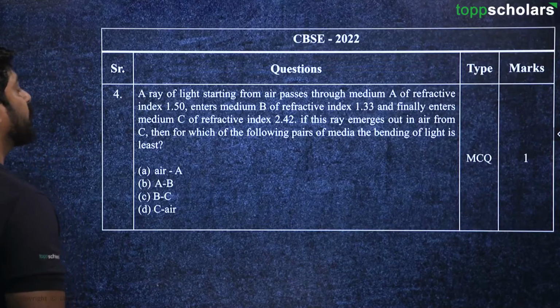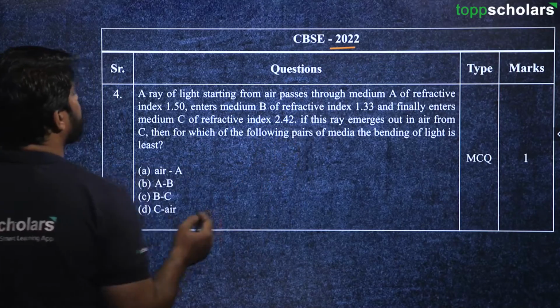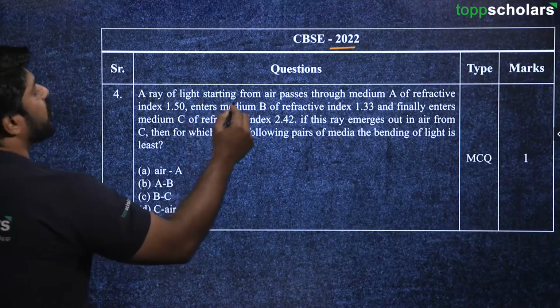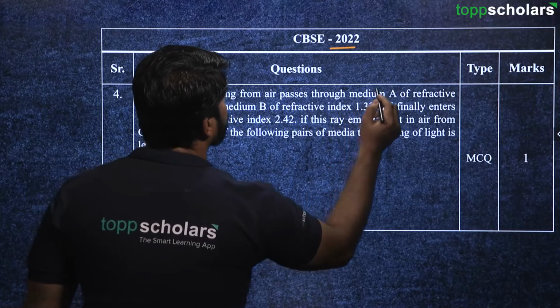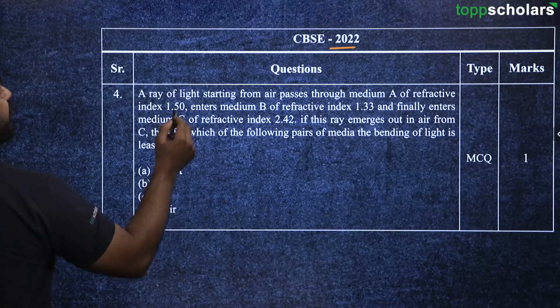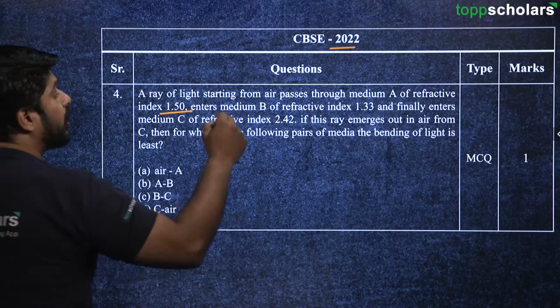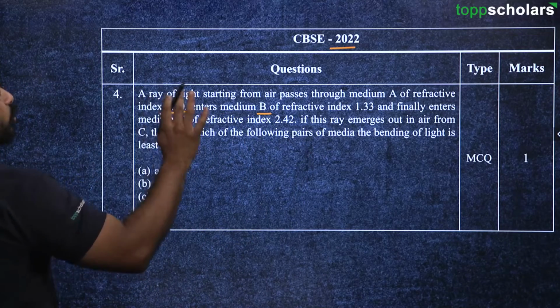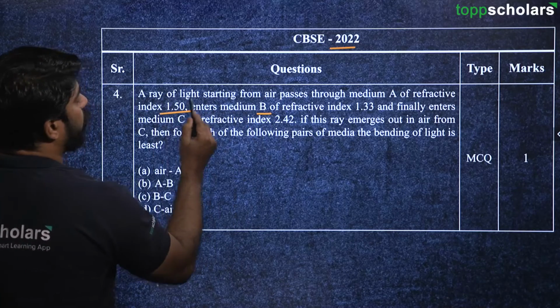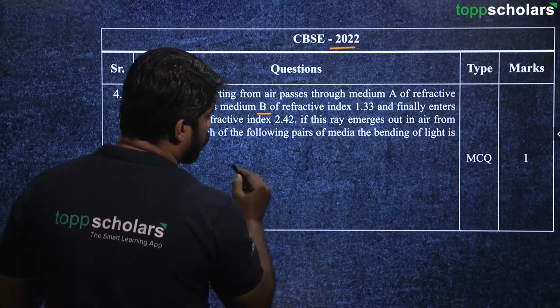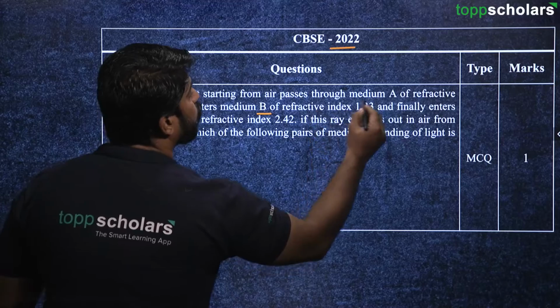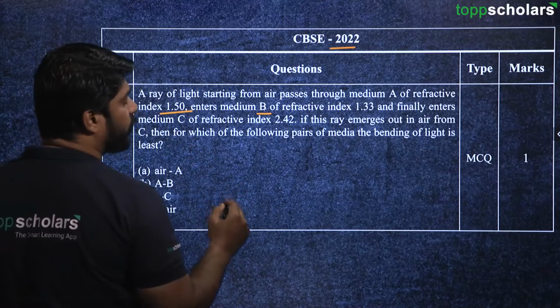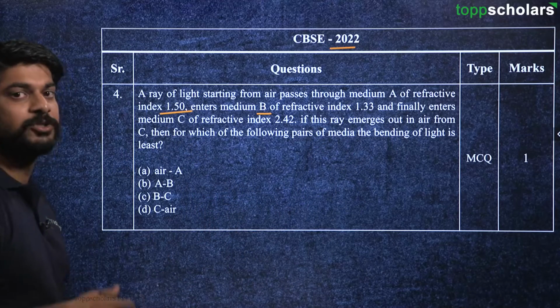Moving on to the next question from the same year. A ray of light starting from air passes through medium A of refractive index 1.50, enters medium B of refractive index 1.33. So let's look at this statement first. A ray of light starting from air passes through medium A of refractive index 1.5. Basically 1.5 is the refractive index of glass.